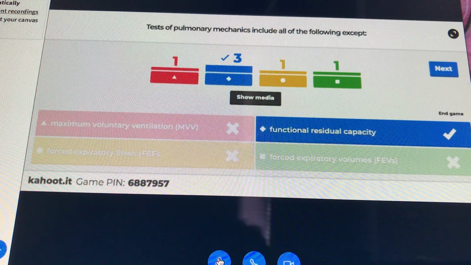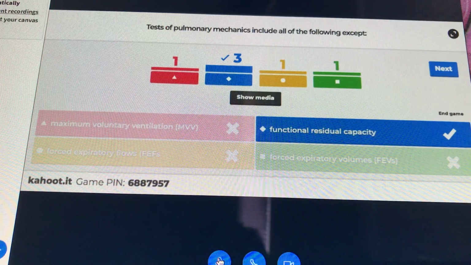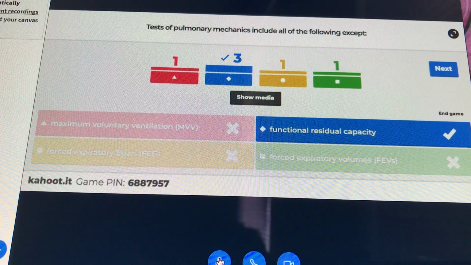What's the difference between all these other tests, your MVV and your FEFs and your FEVs versus your FRC? They all test flows and that one tests the capacity? Right. So your FRC is a volume of air, it's a capacity, whereas the other ones are testing how air moves, the mechanics, the movement of the air in and out of your lung.